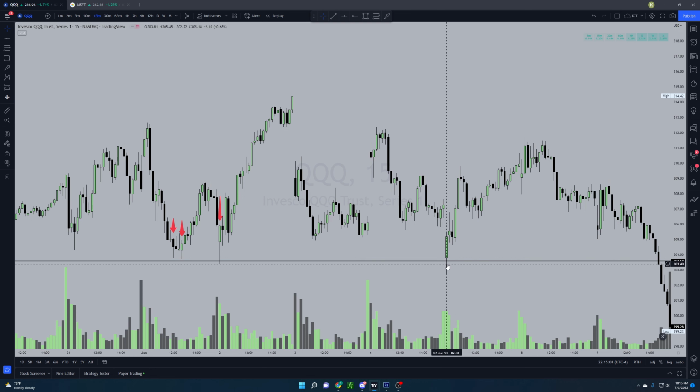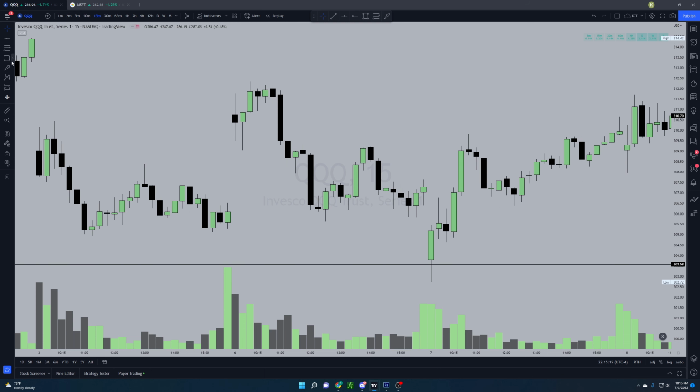This candle opens right here and then ends up going down and closes up here. So this is pretty bullish to me, right?